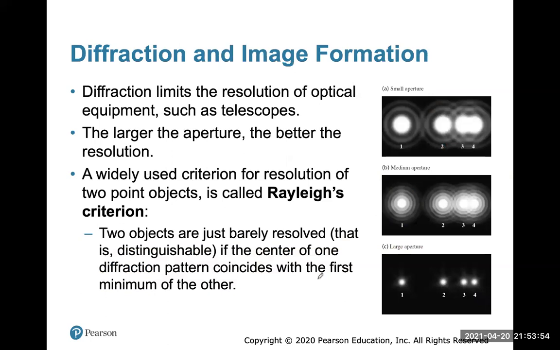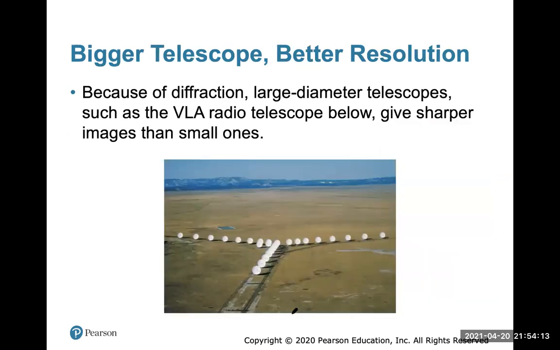And here's some other, those starburst patterns that you sometimes see in movies associated with headlights. This is what's going on. It's diffraction that means we need larger telescopes for better resolution.